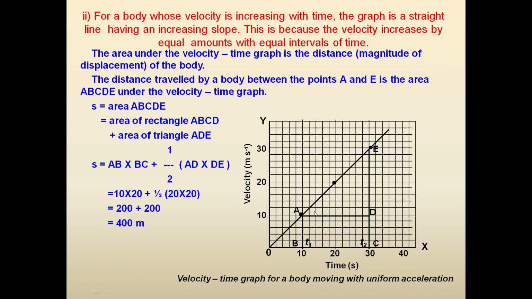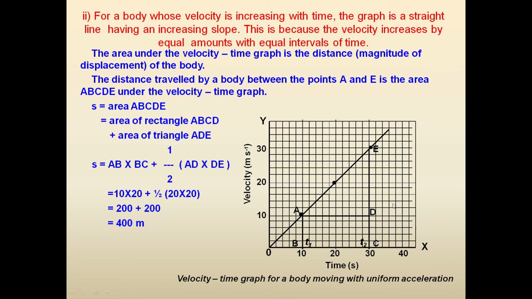Let us see the shape that we are getting here. The shape is that of a trapezium. A, E, C and B here. That's a trapezium. Or you can see it again. I'm again showing it. It is A, E, D, C, B. So that's a trapezium.